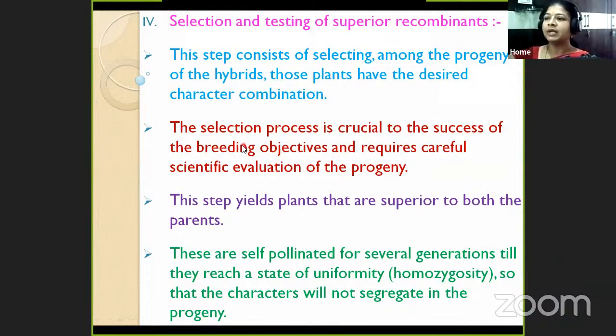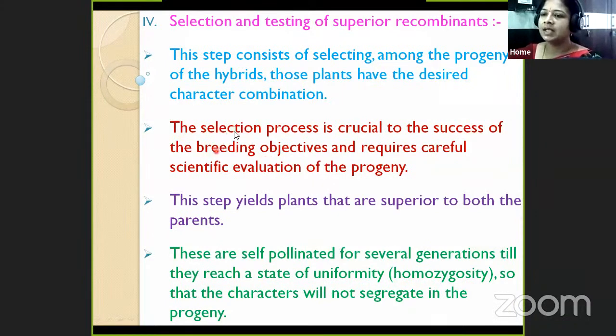Okay, children, breeding objectives are nothing but the purpose of the breeding. If breeding is conducted for the development of disease-resistant varieties or stress-resistant varieties or high nutritionally enriched varieties, it is considered a breeding objective. Objectives means the main purpose or aim of the breeding.